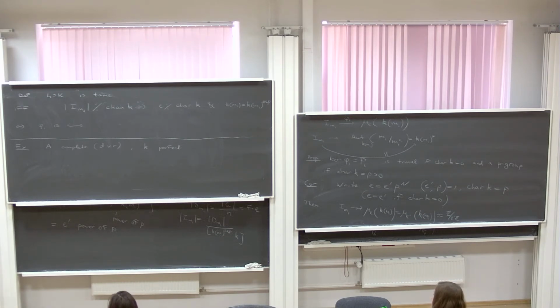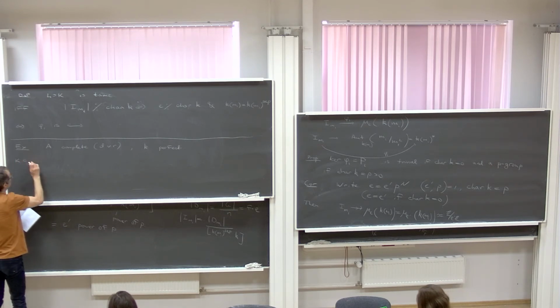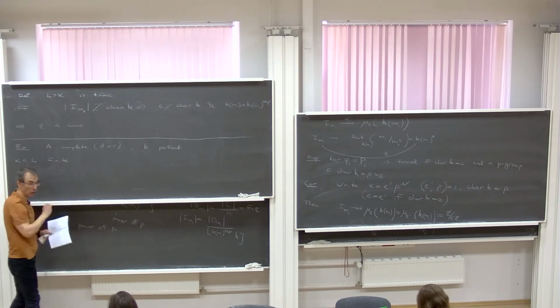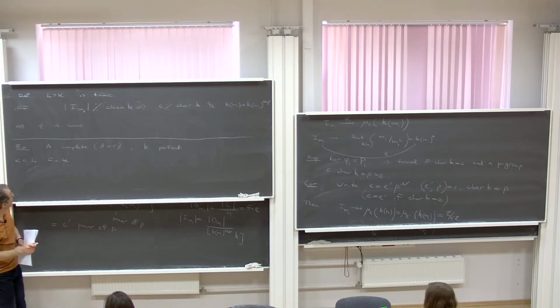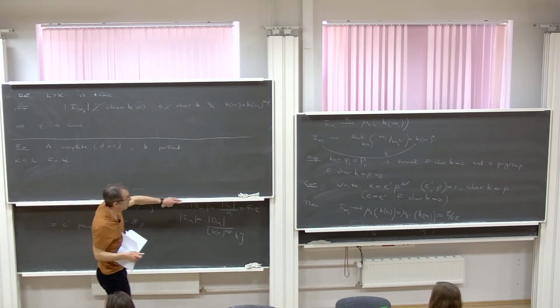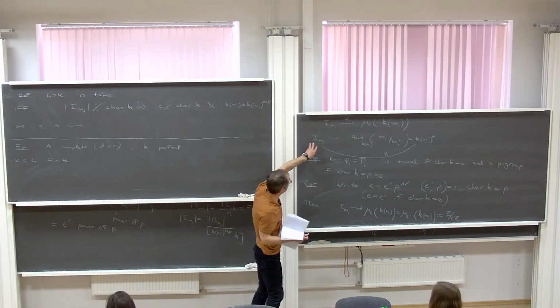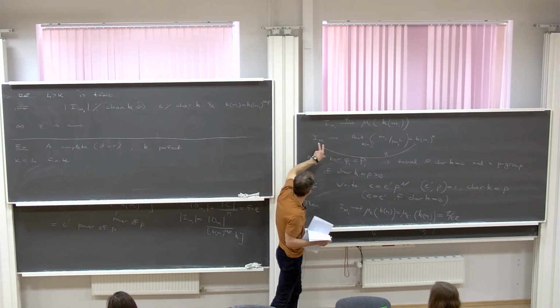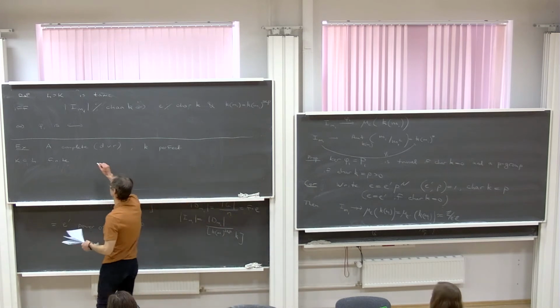So we fix some finite Galois extension, and I want to describe for you explicitly this group. Well, I cannot do everything, but I will describe for you the finite Galois.